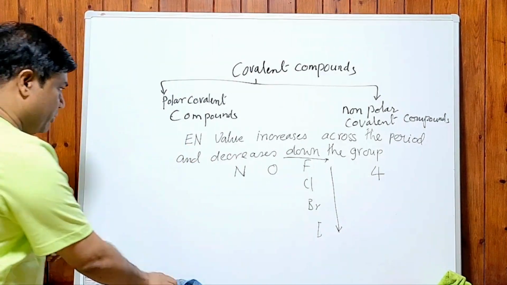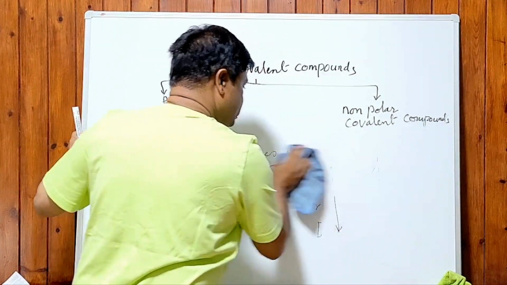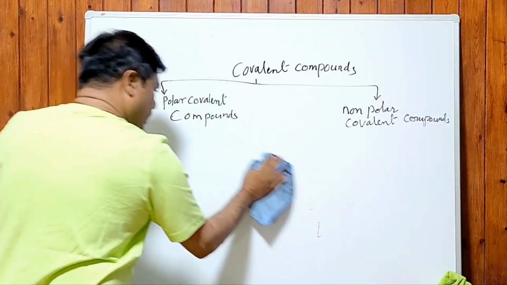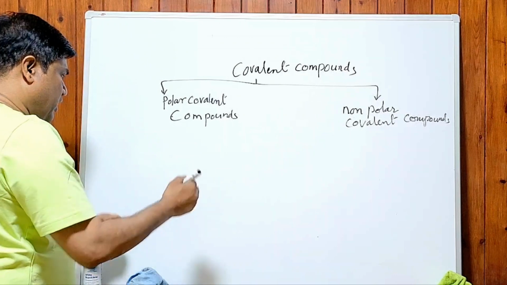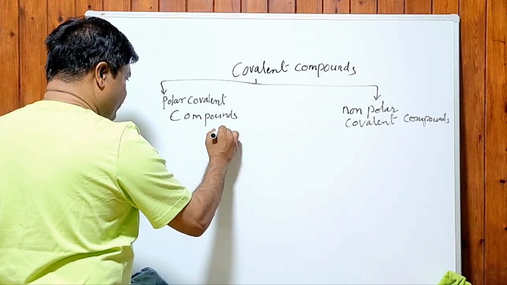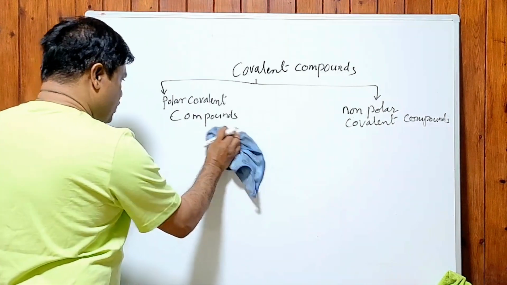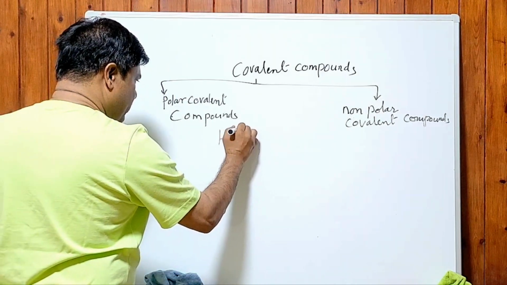Look at the example, like hydrogen chloride, which we have seen, or HF, hydrogen fluoride, hydrogen and fluorine.